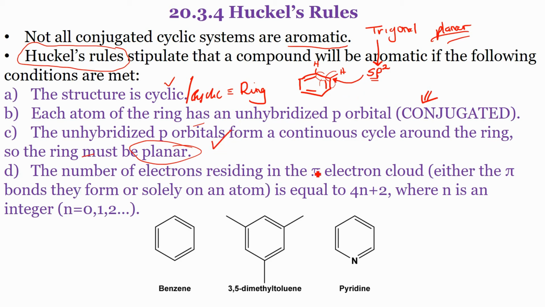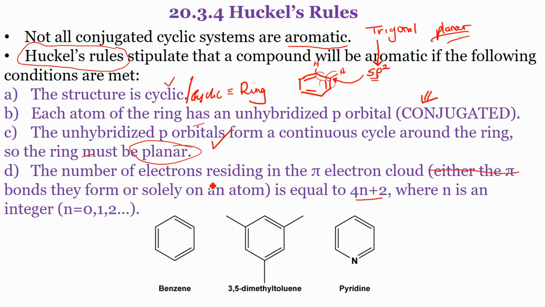The number of electrons residing in the pi electron cloud, either the pi bonds, they form us. Let me see what this is saying. There's a typo somewhere, wrong grammar. Okay, the number of electrons residing in the pi electron cloud must be equal to 4n plus 2, where n is an integer.